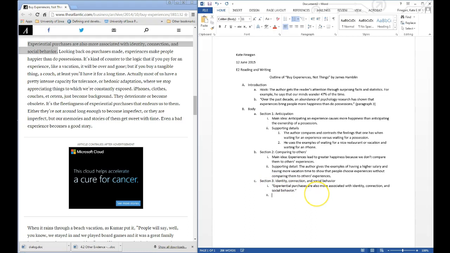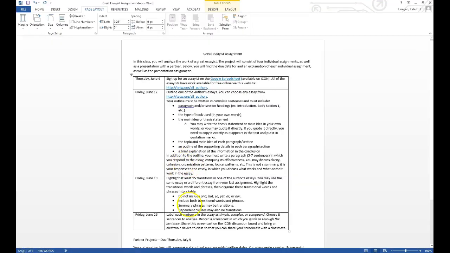Okay, and then I would put that this is the main idea, and then I could put some information about supporting details. Okay, so I'm not going to do all of this essay for you because I think you probably have the idea, but then for the conclusion, you're just going to briefly explain the information in the conclusion.